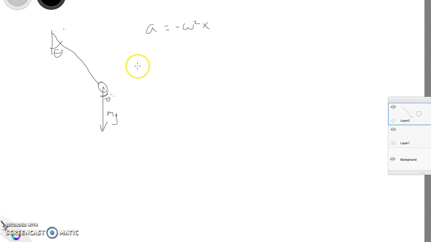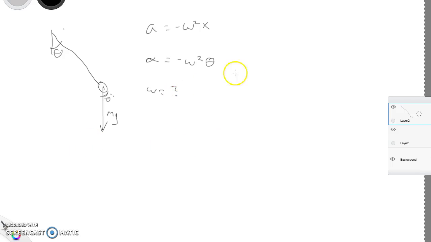Alright, in this case, instead of a and x though, since it's an angular oscillating system, we're going to use alpha equals negative omega squared theta, our angular measurements. Now we're going to try to make it look like this so that we can find out what omega is equal to, because once we know that, then we can write our period formula.